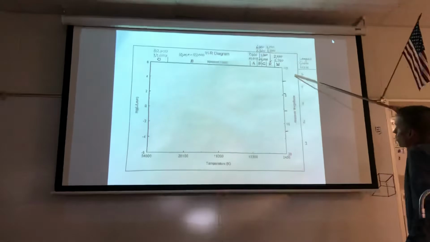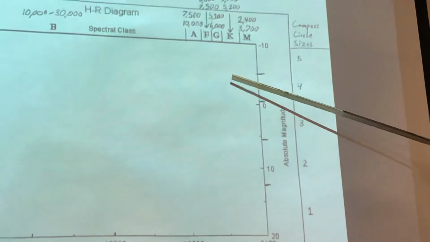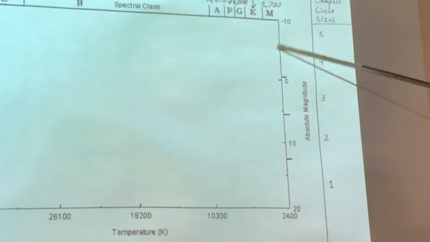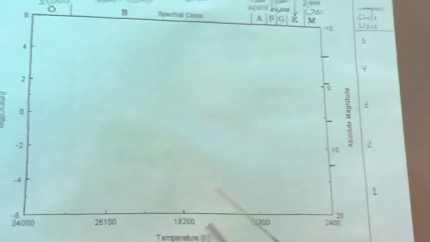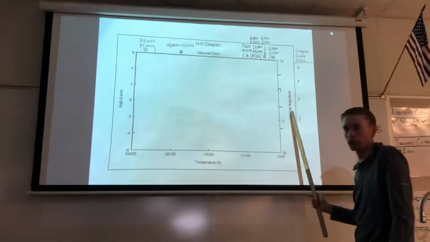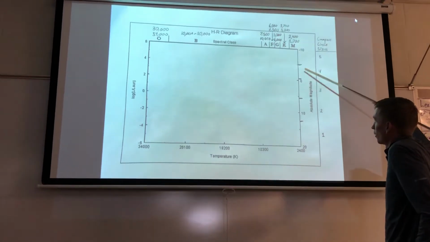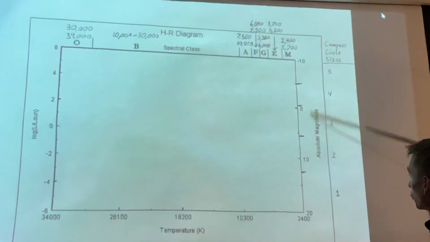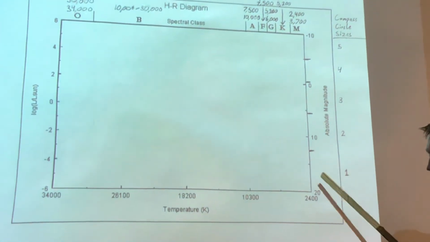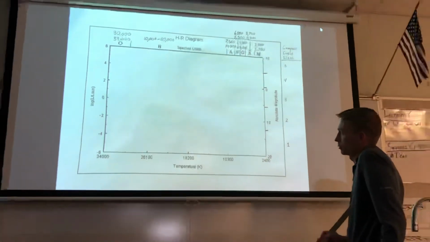And the absolute magnitude number decreases as you go up. The reason they did that is because as that number decreases, the brightness is actually increasing. There's a reason, but when you look at the chart, it doesn't make any sense and it's kind of difficult, so just keep that in mind. Those stars with negative absolute magnitude are up here, and a star with an absolute magnitude of 15 is going to be all the way down here, because it's kind of backwards.